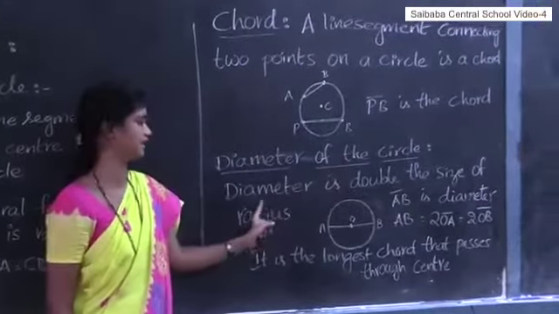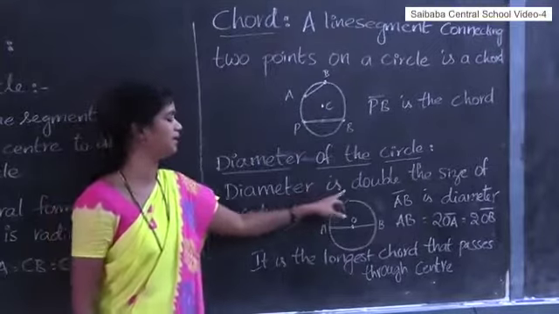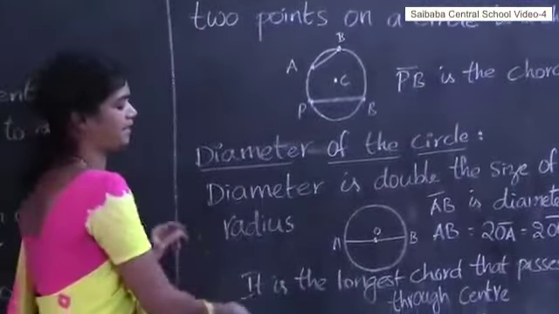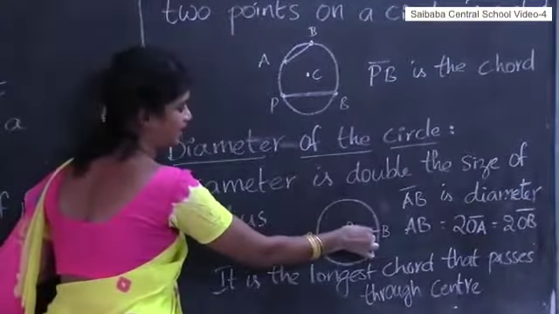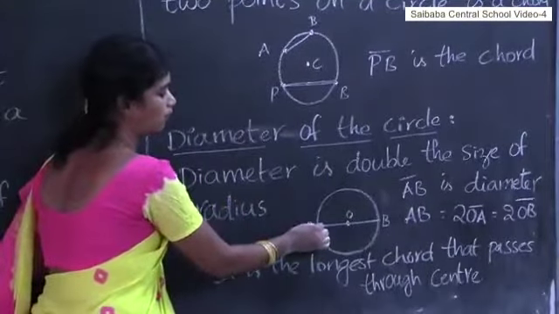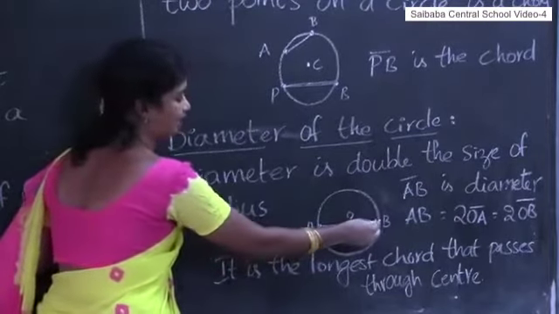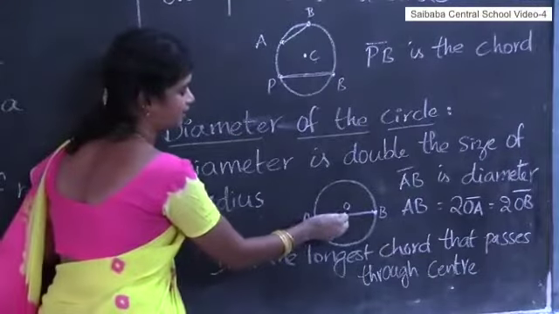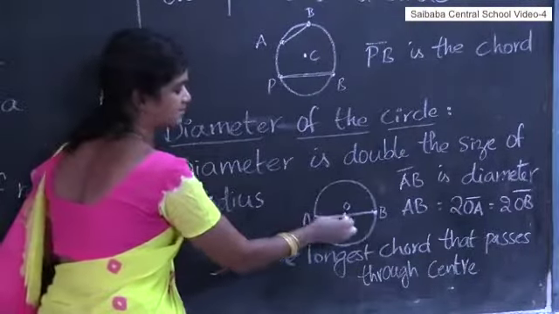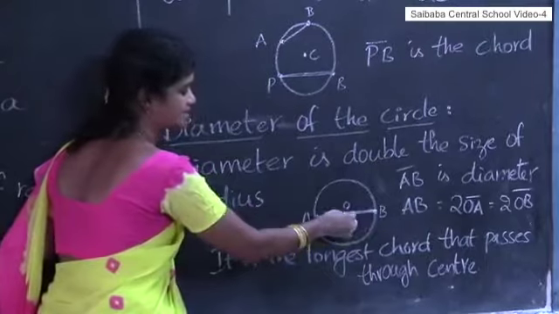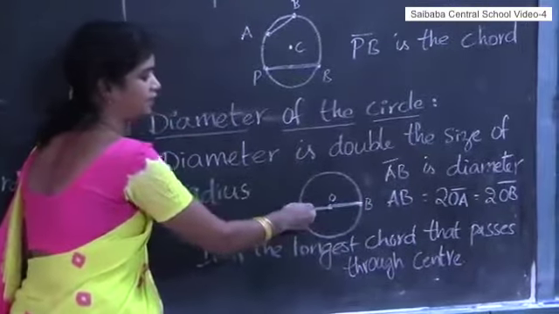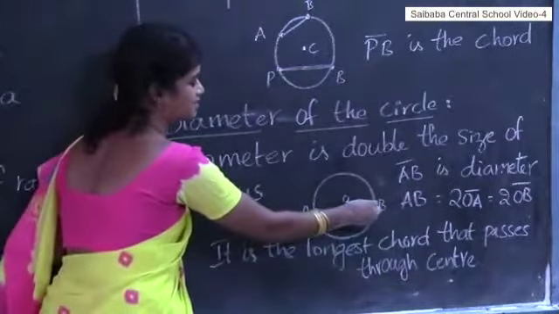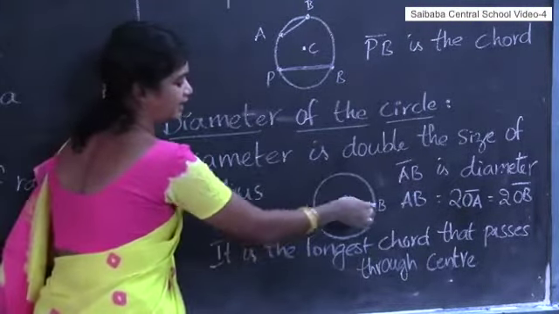Next one is the diameter of the circle. The diameter is double the size of the radius, and it is also a line segment joining two points on the circle, but it should pass through the center. So here OA is the radius, OB is the radius, and the total AB is called the diameter. The diameter is two times the radius.